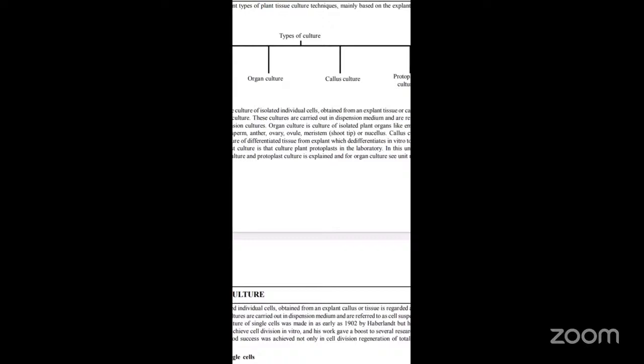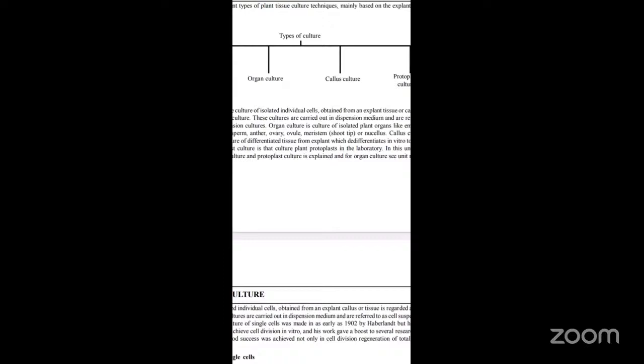These cultures are carried out in a dispersion medium and referred to as the cell suspension culture. This culture of a single cell was made early in Haberlandt's work.